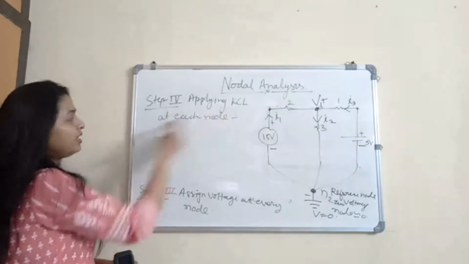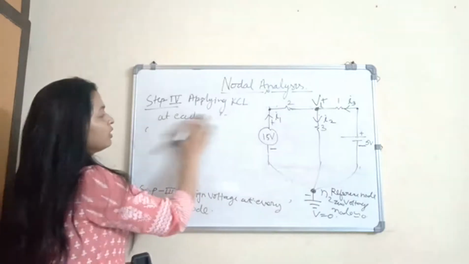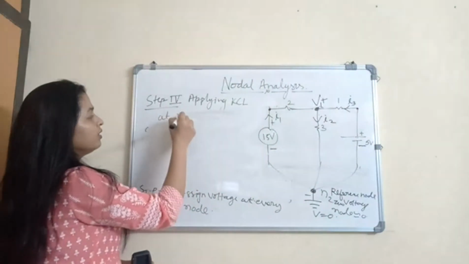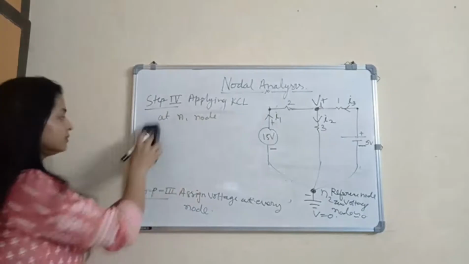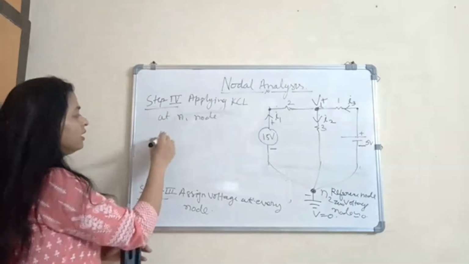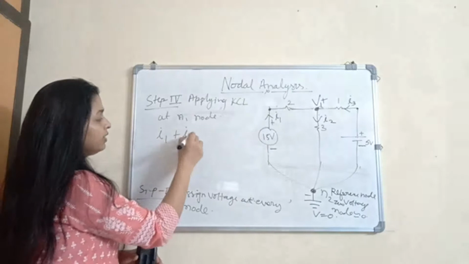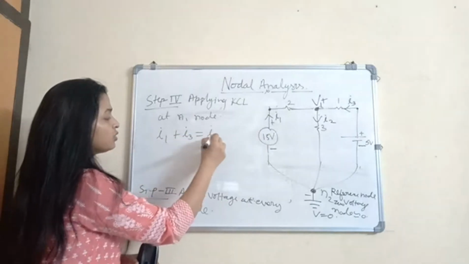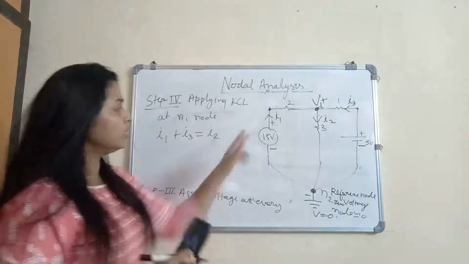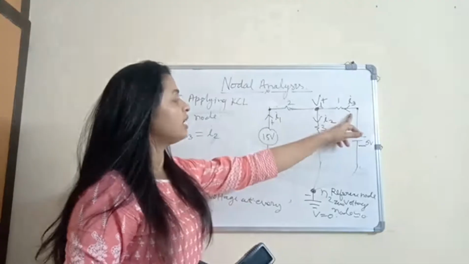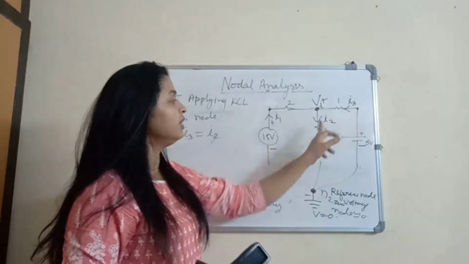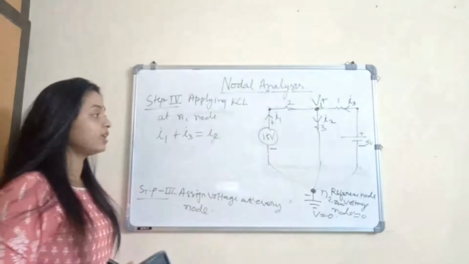Applying at node N1, what do I get? I1 plus I3 is equal to I2. Why is it so? Because you can see two currents are entering and one current is leaving. Entering currents I consider positive, and leaving currents I consider negative.